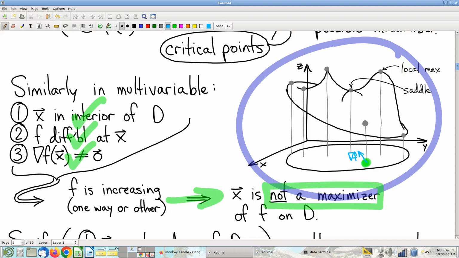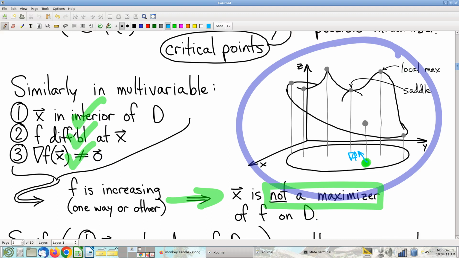What does the gradient do? The gradient points in the direction that the function is increasing. If you're in the interior, whatever direction the gradient points, you can move in that direction at least a little bit, and the function is increasing as you go in that direction. How could this possibly be a maximizer? The function is still increasing.